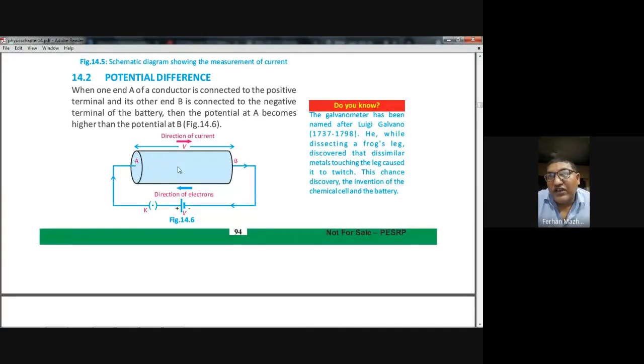So the amount of charge which is flowing from here, if you know that, and if you know how much electric energy is converted into heat or other forms of energy, so the amount of energy converted into other forms of energy when unit charge flows through this resistor. Okay.